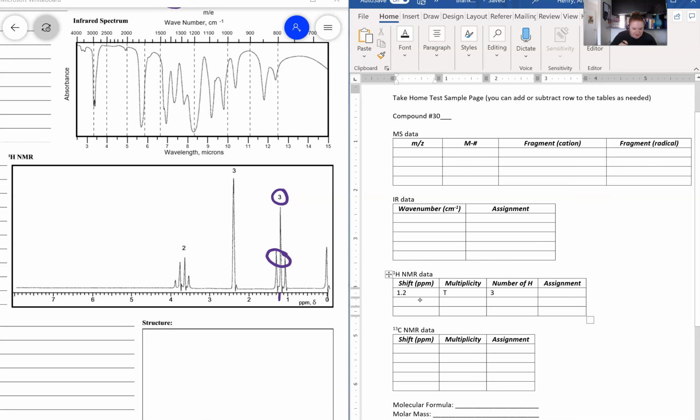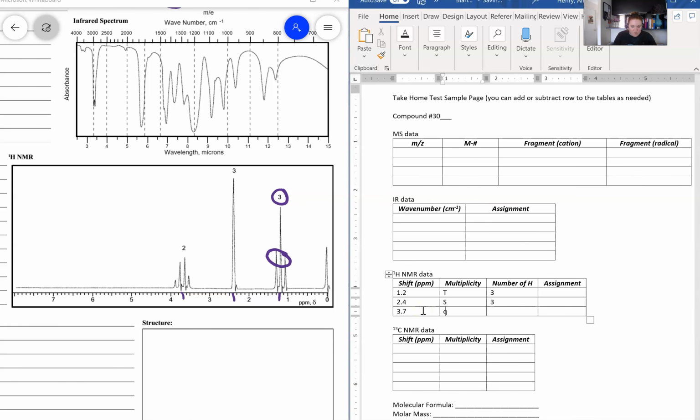For the next one, it looks like we're right at 2.4. And that is a singlet, and again 3 hydrogens. And then that last one looks like we're right at 3.7.